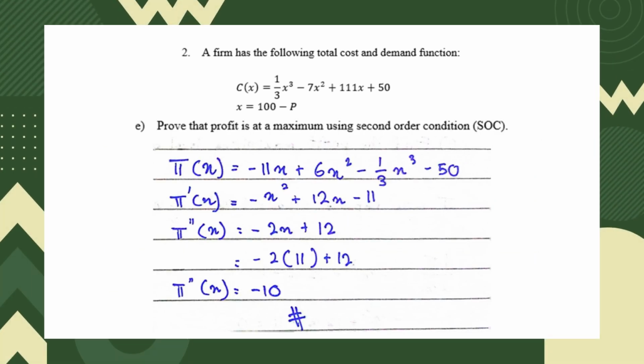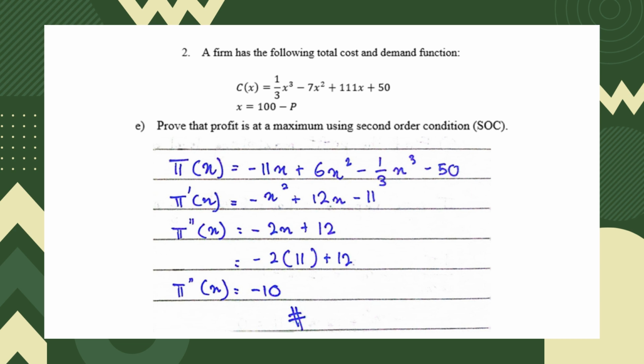We move to the last question, which is 2E. Prove that the profit is at the maximum using second order condition, SOC. In question 2E, the answer is still related to question 2C and 2D. Still using the profit function, in question 2E we have to find the second derivative of the function.